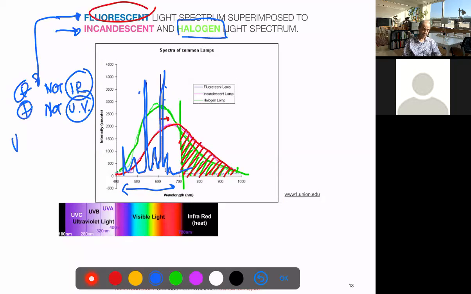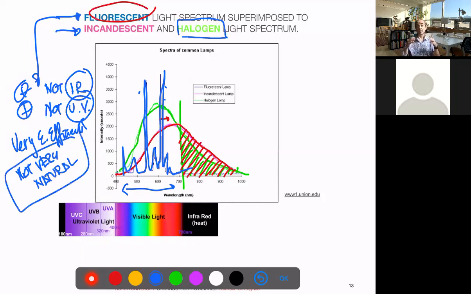So it is very energy efficient, much more than bulbs, much more than halogen, but of course this is not very natural, as there are parts of the spectrum that are lost.